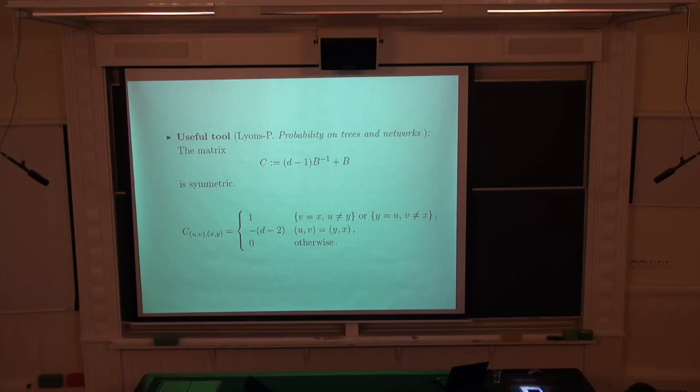Yes, and of course when you do, every second step you will be concentrated on one of the color classes, and it will be mixing on that color class in the same time, d over d minus 2 times log n.